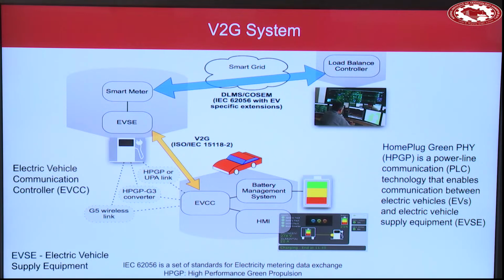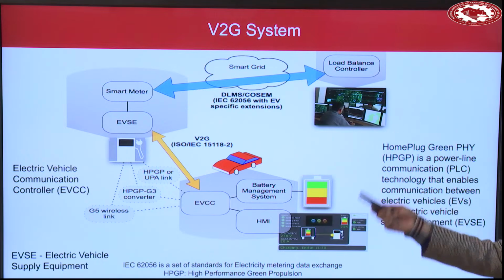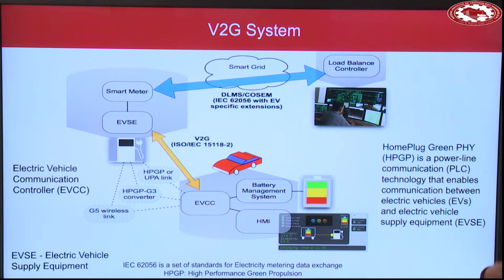And obviously you have the battery management system. This is the whole system for how you manage the batteries, charge, discharge, control things. And then you have the HMI, human machine interface, where people control things, because at the local level you also need to control the whole system.